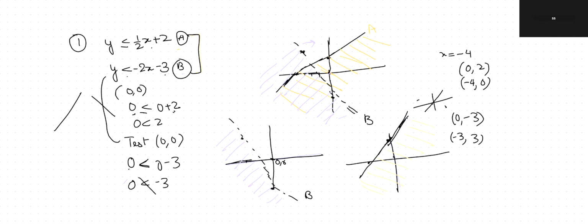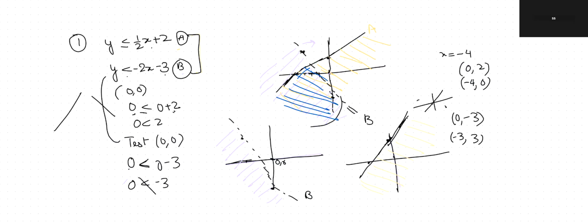We see the region which is shaded as the solution of both the equations, the common area which is shaded. So that is this area. So I color it with a little darker shade, maybe this and this part.